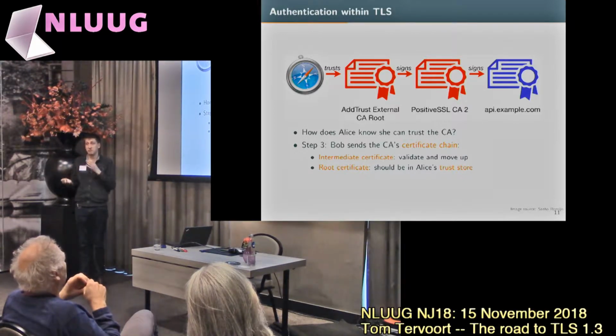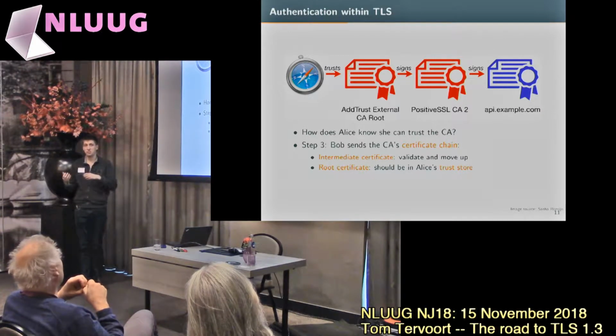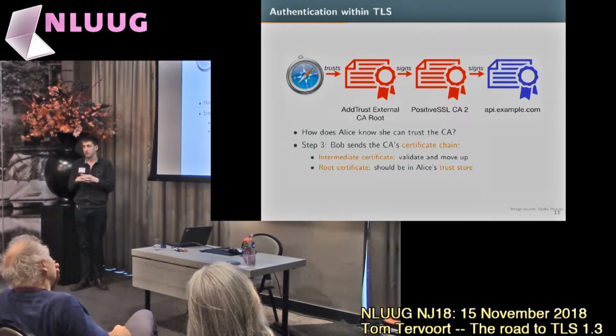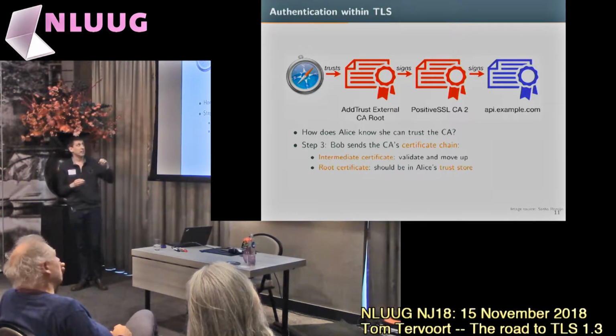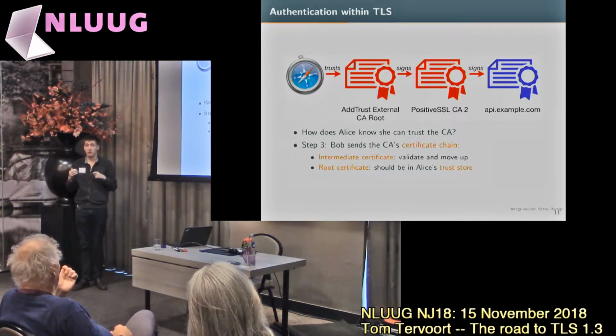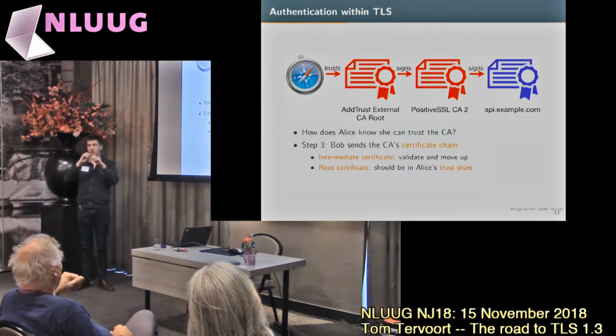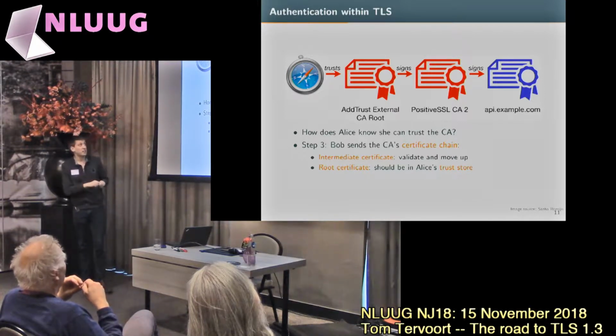Or usually the same certificate authority operates multiple levels of certificates. For example, an intermediate certificate that is valid for a smaller period of time, and a root certificate that's valid for much longer, and that's much harder to, for example, retract. So what Alice does, she verifies all the certificates in the chain.